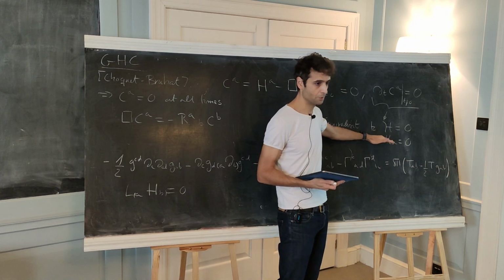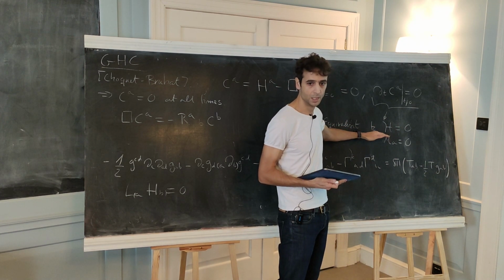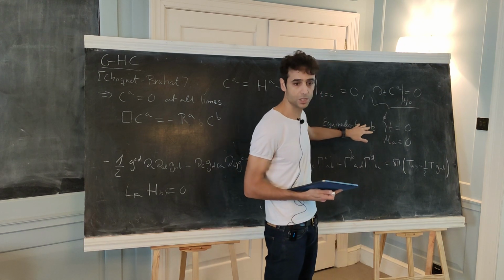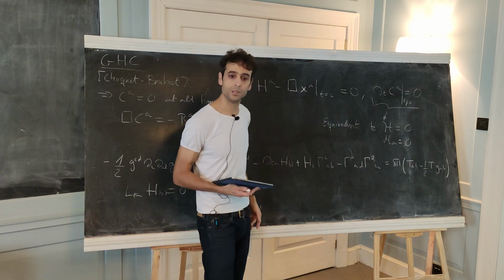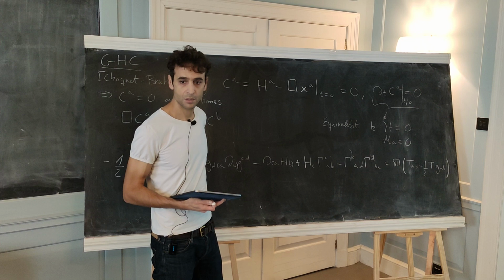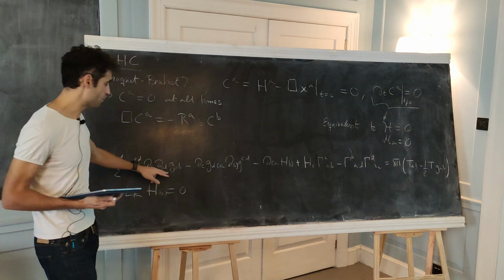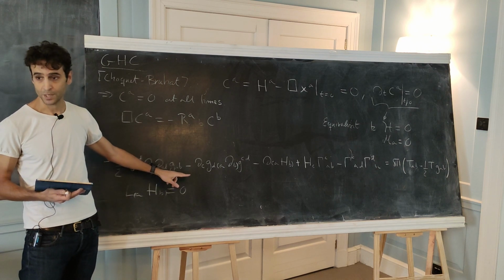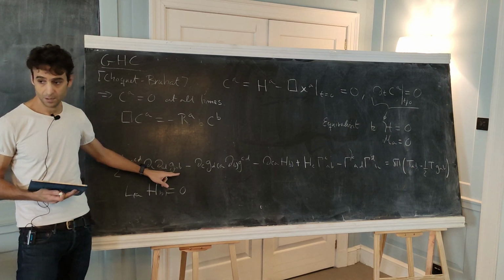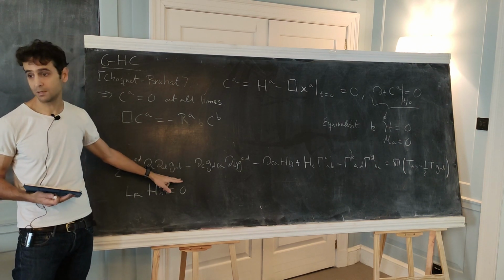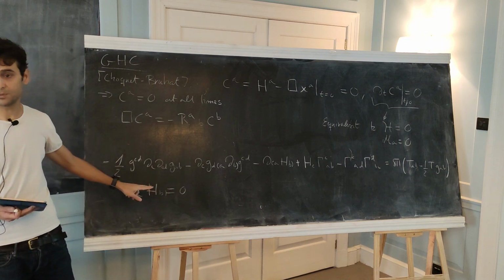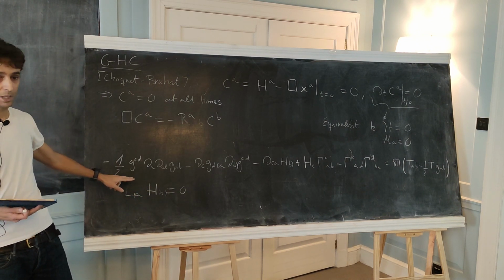So in practice you solve the constraints as you would normally do if you wanted to do ADM type evolution, and from these you read off what initial conditions on the space-time metric functions you have. Of course, this is a wave equation for the space-time metric, so you have to provide initial data for the full space-time metric and the time derivatives, right?